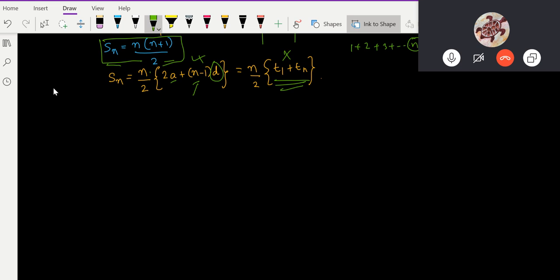Let us say I have an equation 3x plus 4y is equal to 50. Find the sum of all possible values of x.